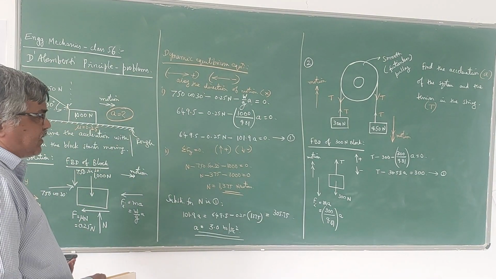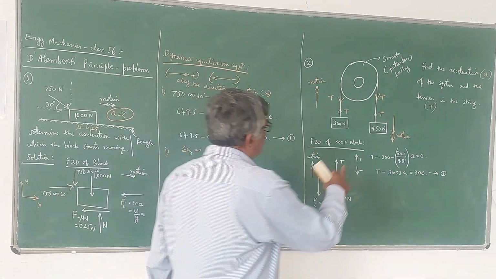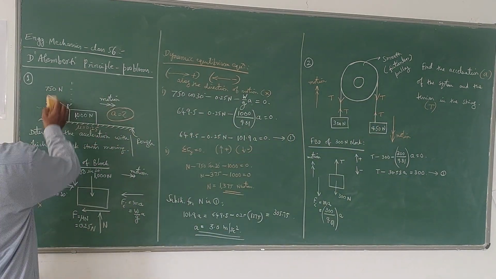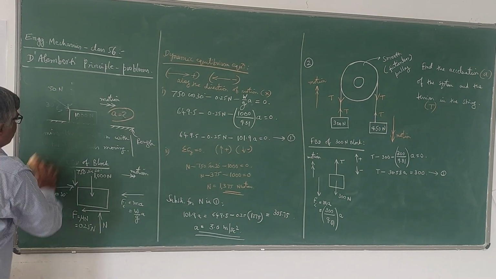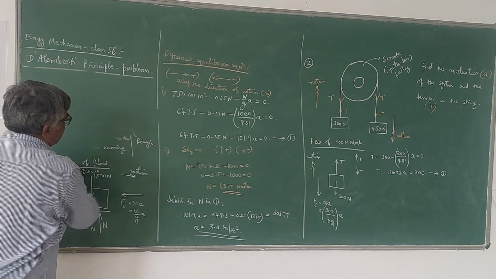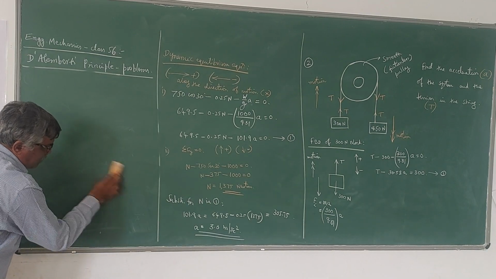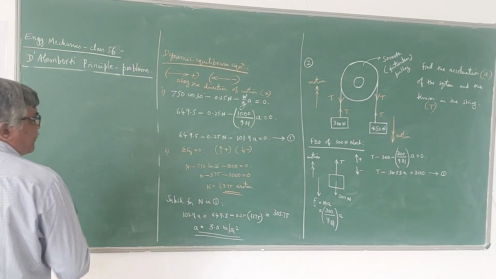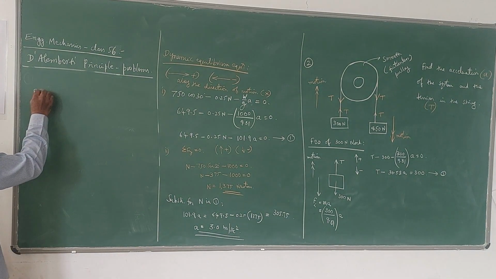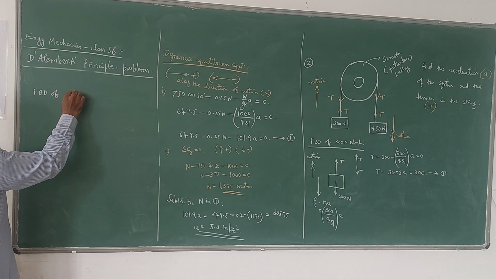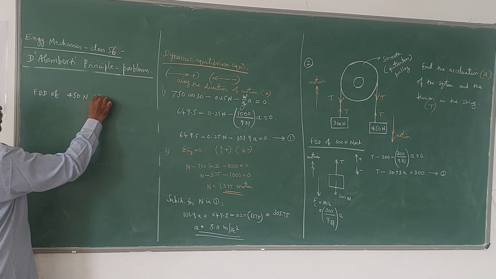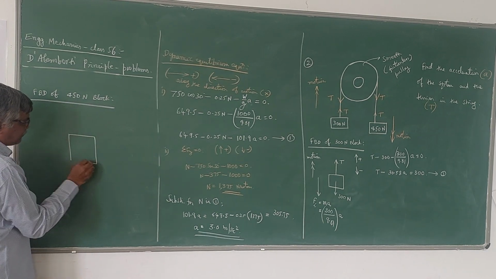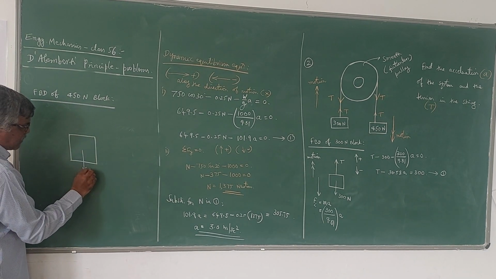Now to get the second equation, I have to write the dynamic equilibrium equation for the 450 Newton block. So I have to write the free body diagram of the 450 Newton block. Here 450 Newton acts vertically downwards because it is weight.